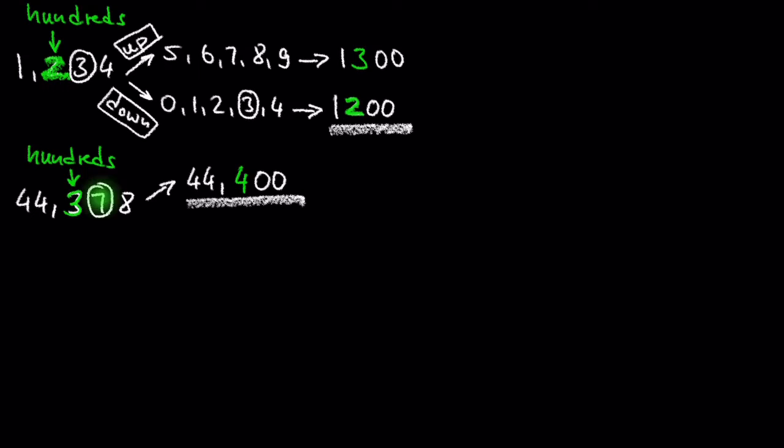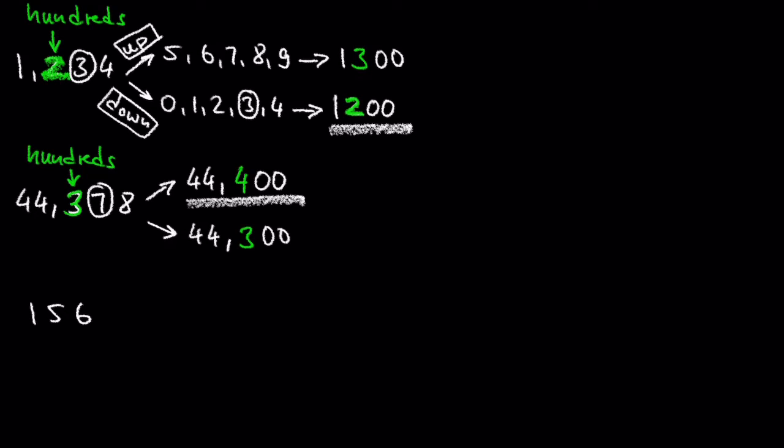If the digit 7 would be less than 5, we would have to round down and would get 44,300. What about rounding 156 to the nearest tens place instead of rounding to the nearest hundreds place like in our previous examples?